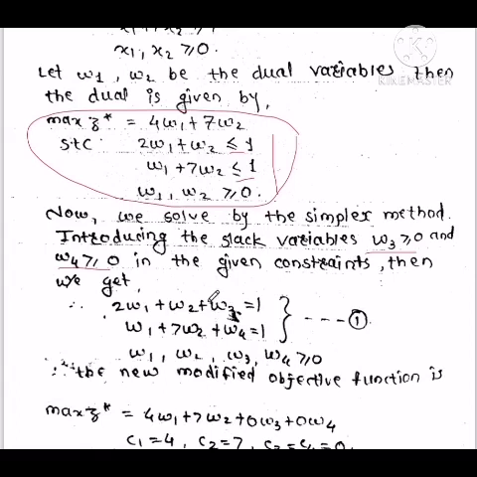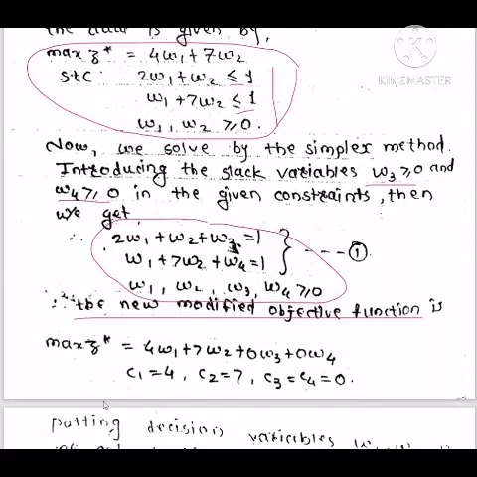For this new constraint, we will construct the new modified objective function, which can be written as 4W1 plus 7W2 plus 0W3 plus 0W4. Here C1 is 4, C2 is 7, the coefficient of W2, and C3, C4, the coefficients of W3 and W4, are 0.